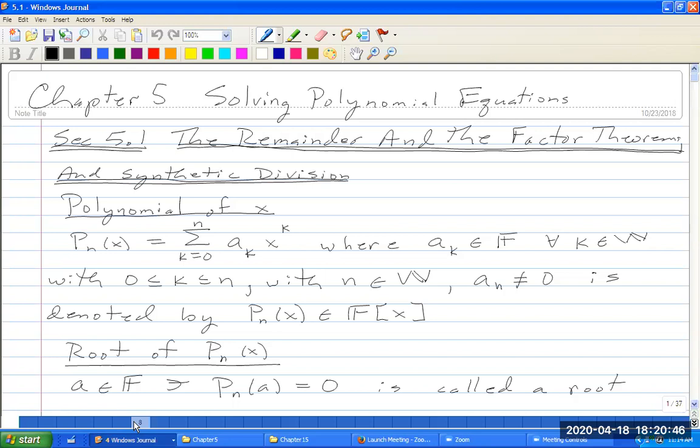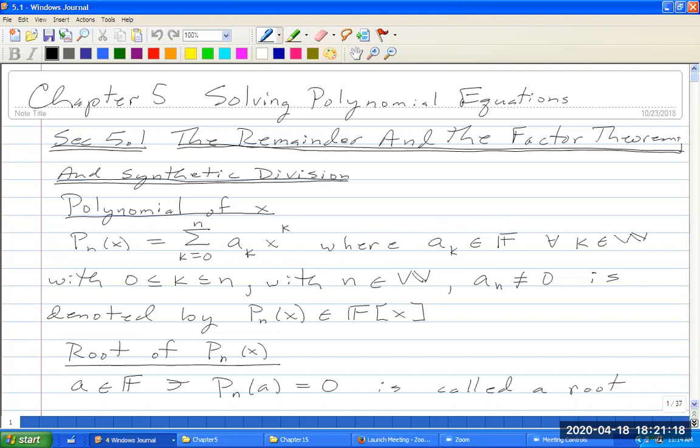So let me define a polynomial in one variable. So a univariate polynomial, let's say in the variable x, will be, well, I'll use the notation p sub n of x is equal to the sum, k equaling 0 to n, of a sub k, x to the k, where a sub k is some member in some field.